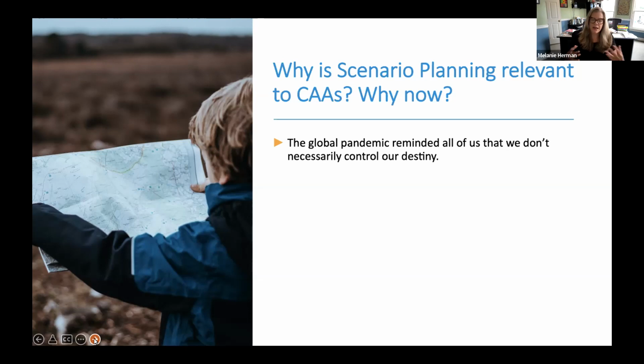And so we need tools, we need resources, we need approaches that will help us navigate in this world of incredible uncertainty. Some of that uncertainty is of our own making, but much of it is due to external forces and events far beyond our control.